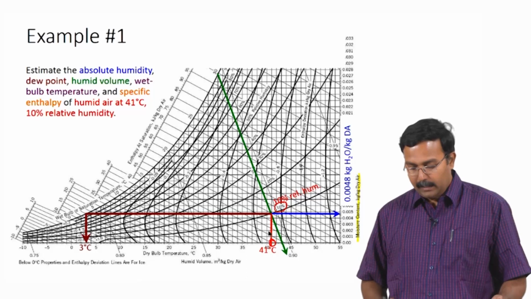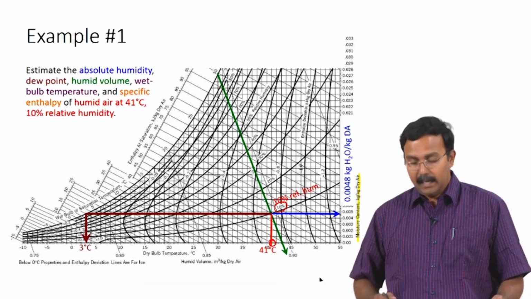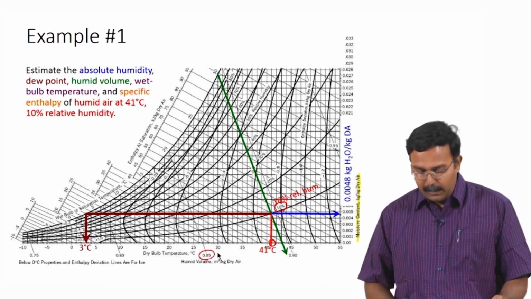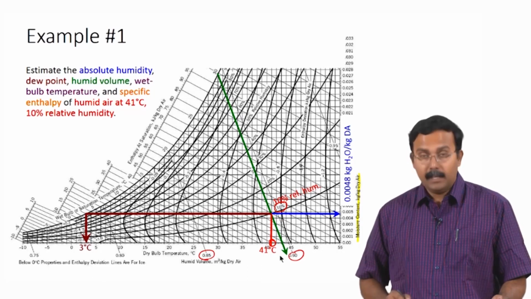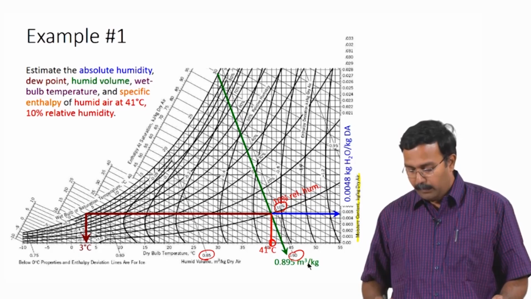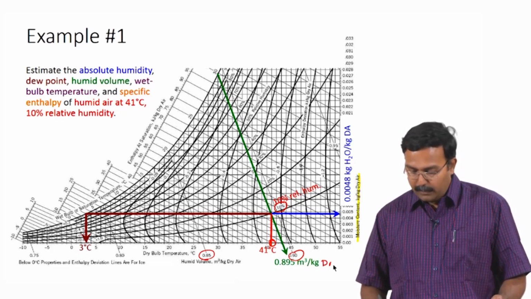This green line has been drawn through the point of interest, parallel to the slanting axis for humid volume. This value lies between 0.85 and 0.9, and by interpolation we can identify it to be 0.895 meter cube per kilogram of dry air.